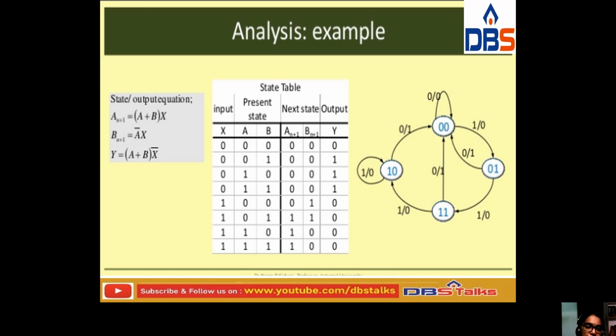Okay, so if you take all these examples, from this we can write the state table like this. This is x, this is a and this is b. From this we write 000, 001, 010. This is the present state and input.